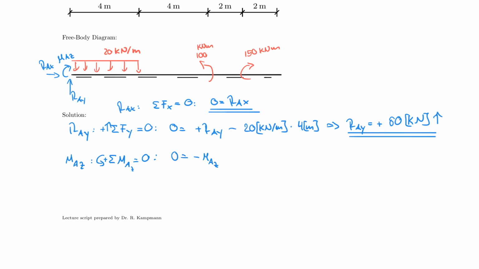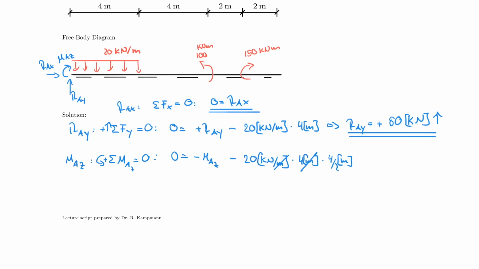That would rotate, of kilonewton meter that is, that would rotate clockwise, so 20 kilonewton per meter multiplied by 4 meter. Notice that it's not a moment yet, it's only a force because those two cancel out. So I have to multiply that by the lever arm, which happens to be 4/2 meters. And again, that rotates clockwise, therefore this is negative as well.